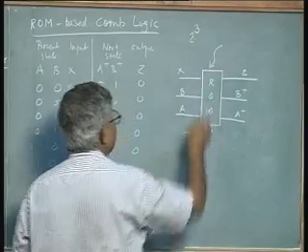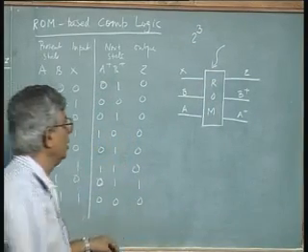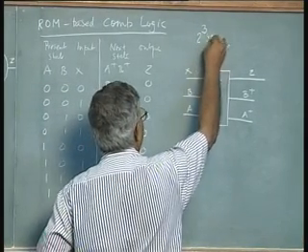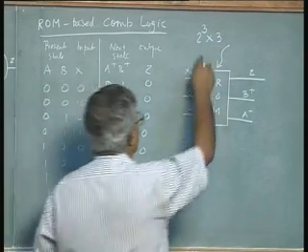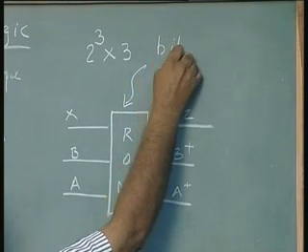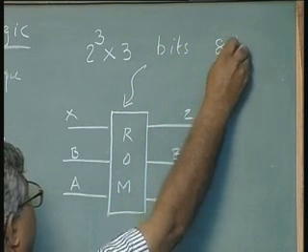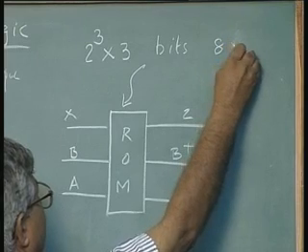There are 8 words, 3 inputs, 2 power 3, and each word has a 3-bit output. 2 power 3 by 3, or 8 into 3 bits.